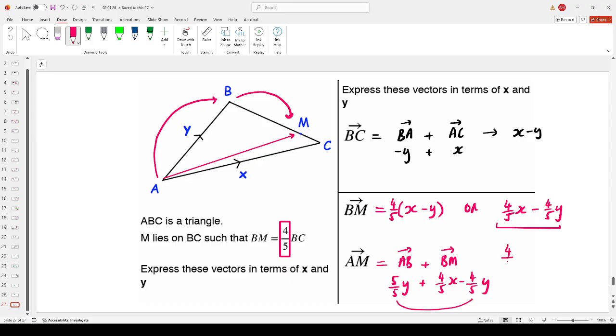So 4/5x minus 1/5y. Let me know in the chat if you're happy with that. That's it. Leave it as that. Wait, is it not a minus? Is what a minus? Oh, sorry, plus. It's a plus. There you go.